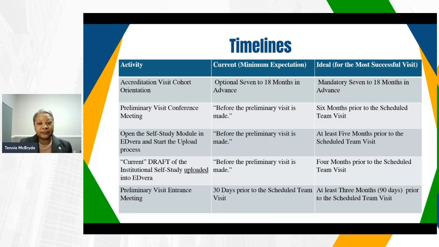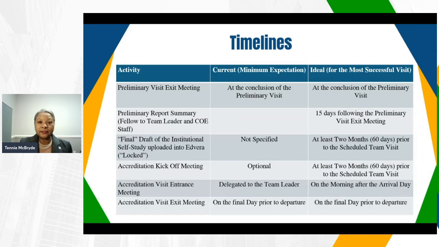The fellow will develop an agenda, begin review of the institution's draft self study report, and contact the team leader to discuss travel plans. As we look at the preliminary visit exit meeting, the fellow will chair this meeting, which will include the chief administrator or designee, the COE liaison, and the team leader who will attend virtually.